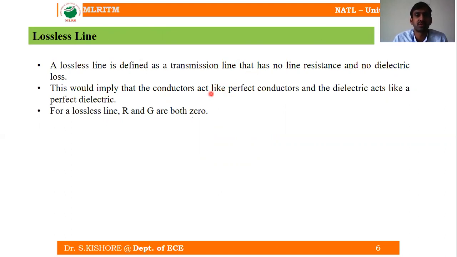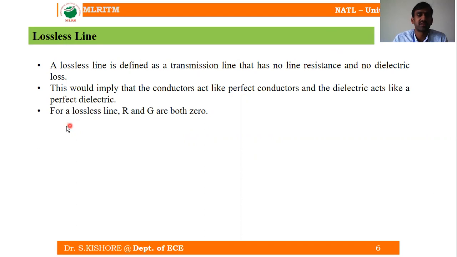That means there is no loss from the sending to the receiving end. This obviously implies that the conductors act like perfect conductors and the dielectric acts like a perfect dielectric. That means we can say this is a perfect transmission line. Lossless line means a perfect transmission line.